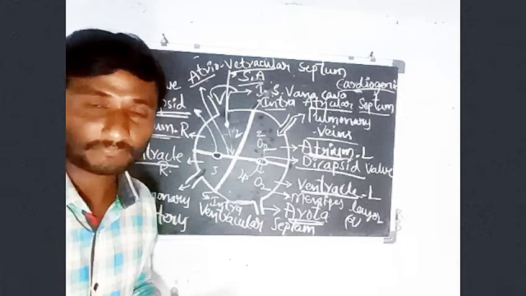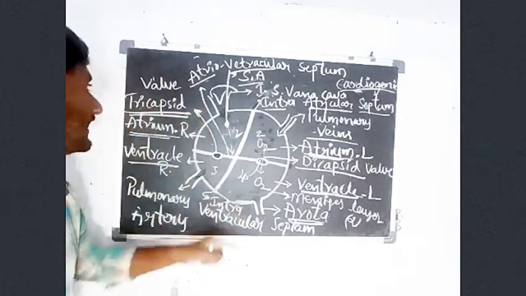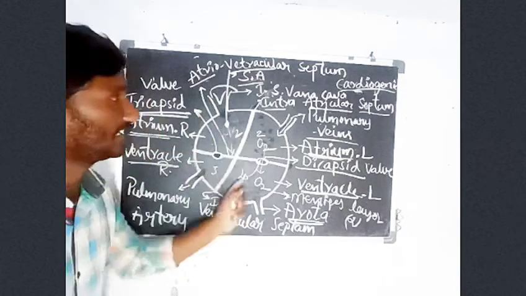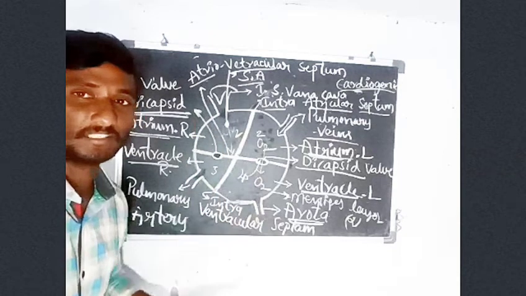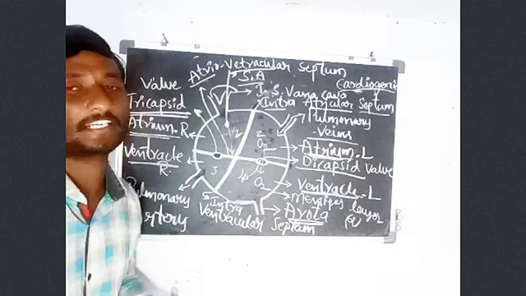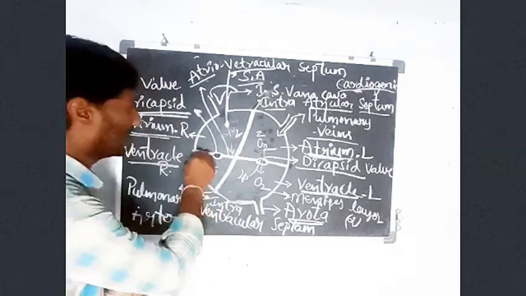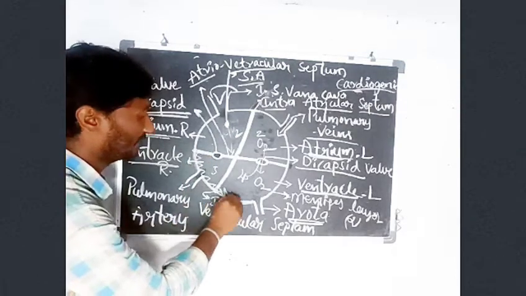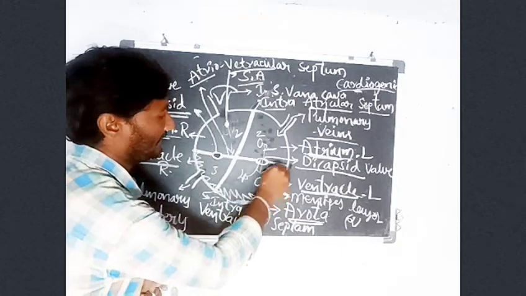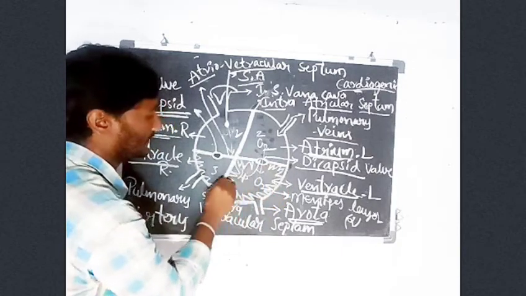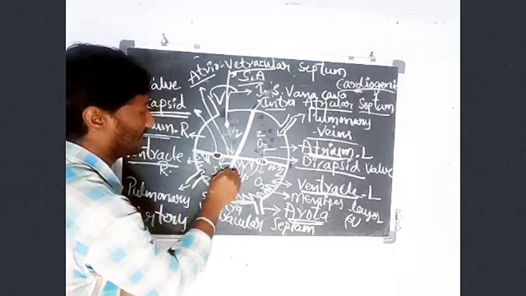Okay? This is called the internal structure of the human body. One more thing: the ventricles consist of finger-like projections, microvilli-like projections.